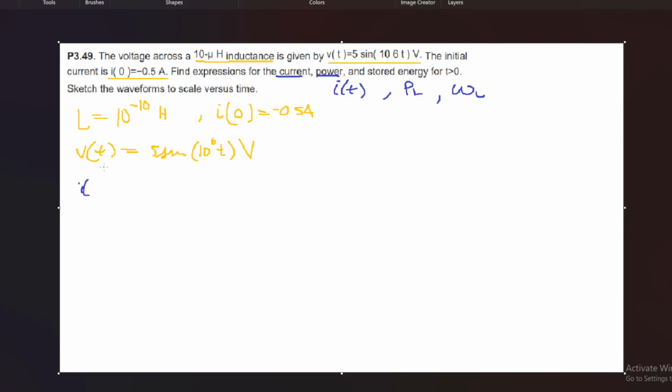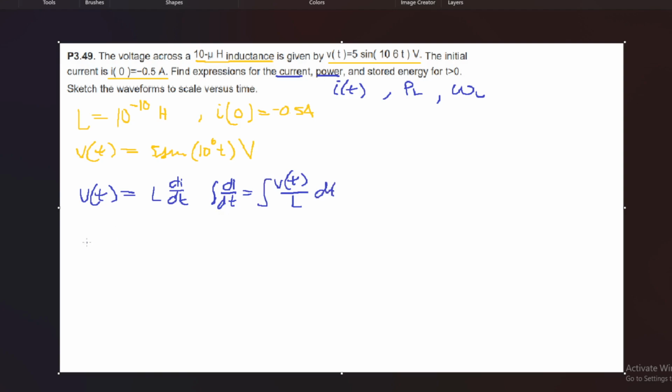We can find the current by doing this. We can say that V of t is equal to the inductance L di dt, and then we can solve for di dt, and then we're gonna go ahead and just do V of t divided by L. Or actually, we're going to go ahead and just get rid of this dt, so we can integrate both sides with respect to dt.